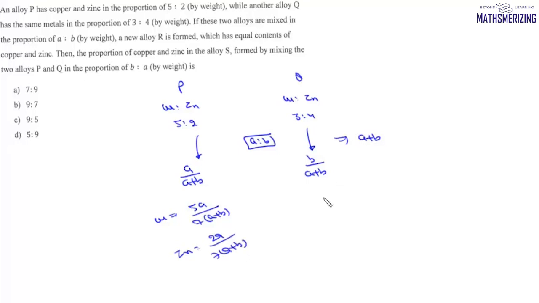Now for this one, the copper content will be 3B upon 7(A plus B), and zinc will be 4/7, so there will be 4B upon 7(A plus B).